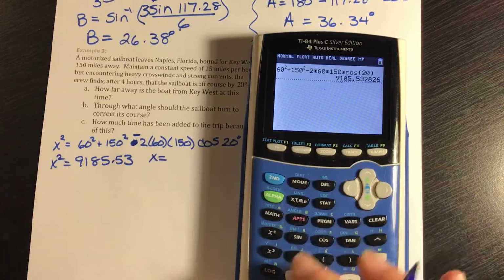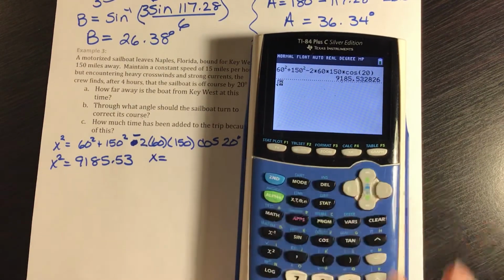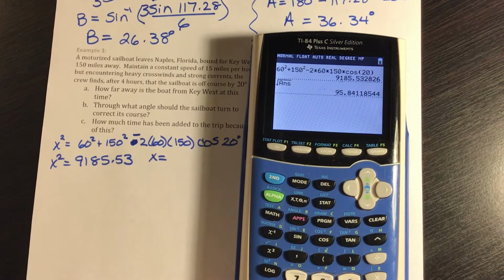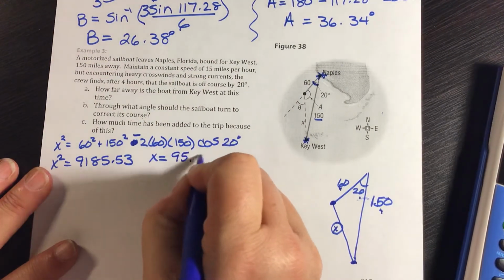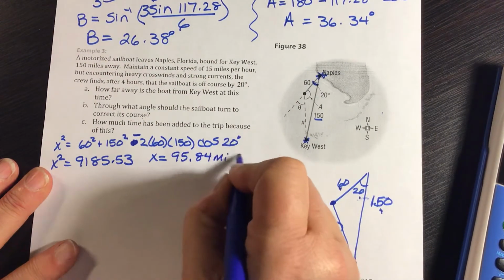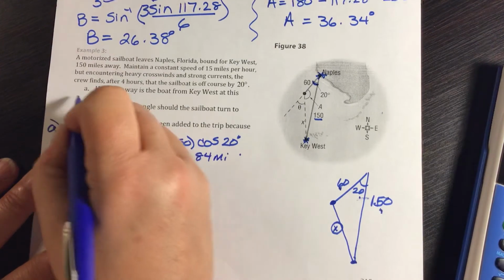So to do that, I'm going to do the square root of the previous answer, which is 95.84. So this is 95.84 miles.